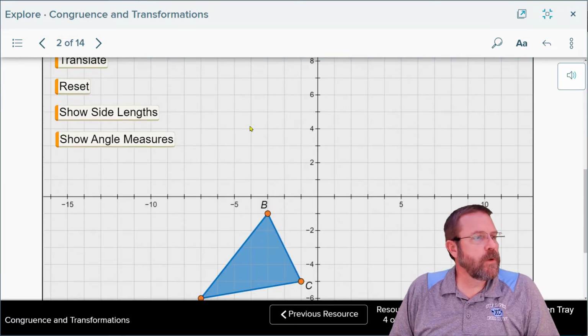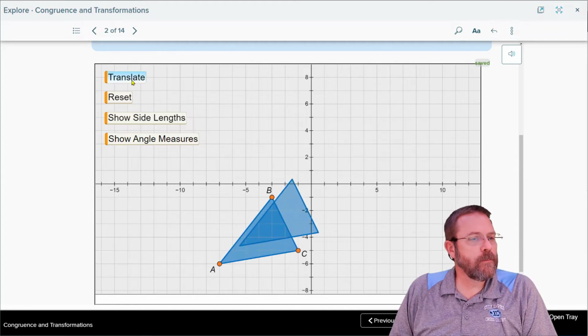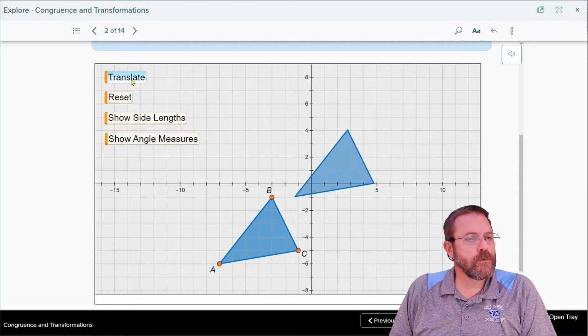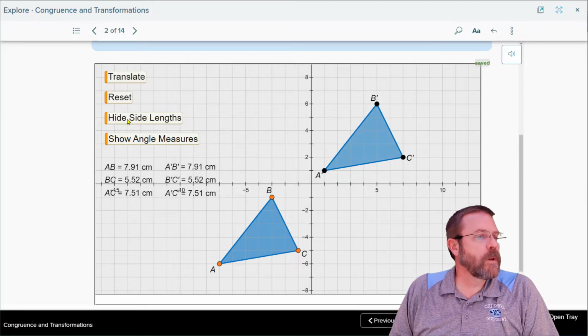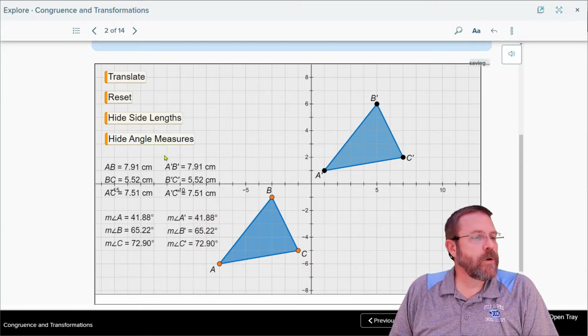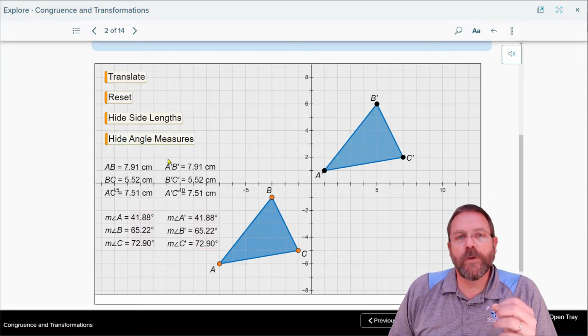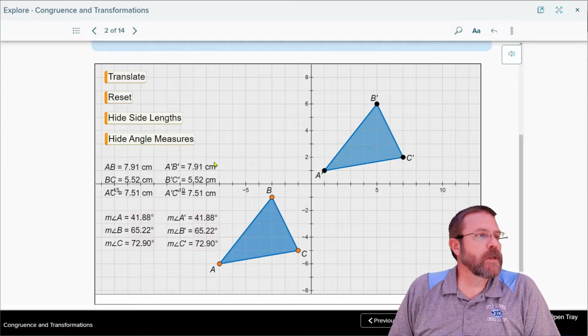So here we have triangle ABC, and we're going to translate it, and there she goes. All right, so she's translating. She has moved. What do we notice? Well, we can notice that all the side lengths stayed identical, and we notice that all the angle measurements stayed identical. So the two figures are congruent if it is just a simple translation.